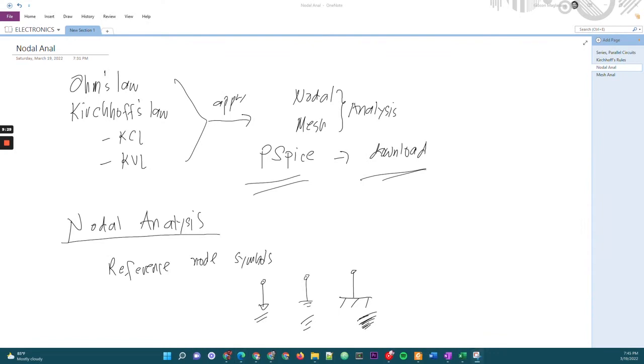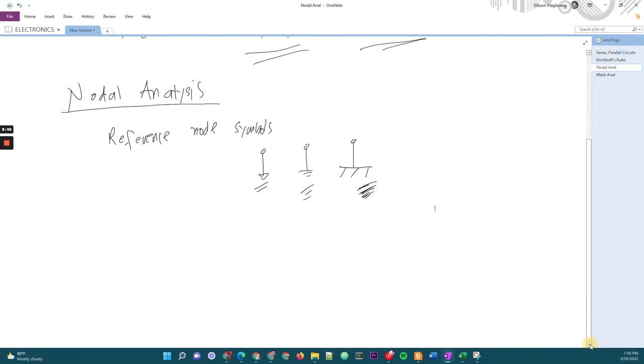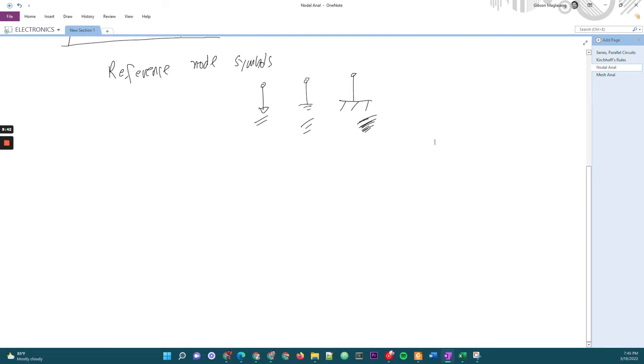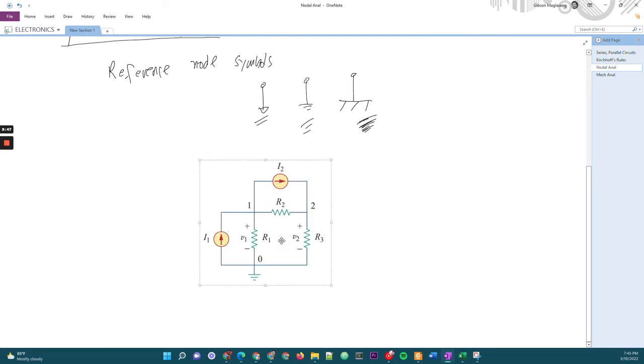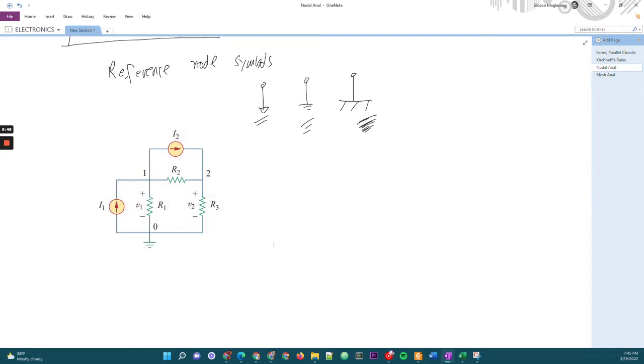Take a look at this example here. So if you take a look at this one, our reference node is clearly this.